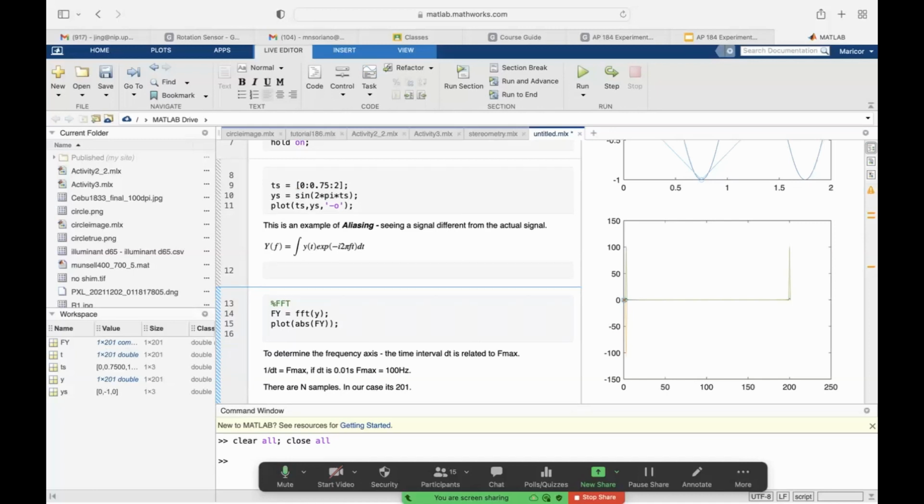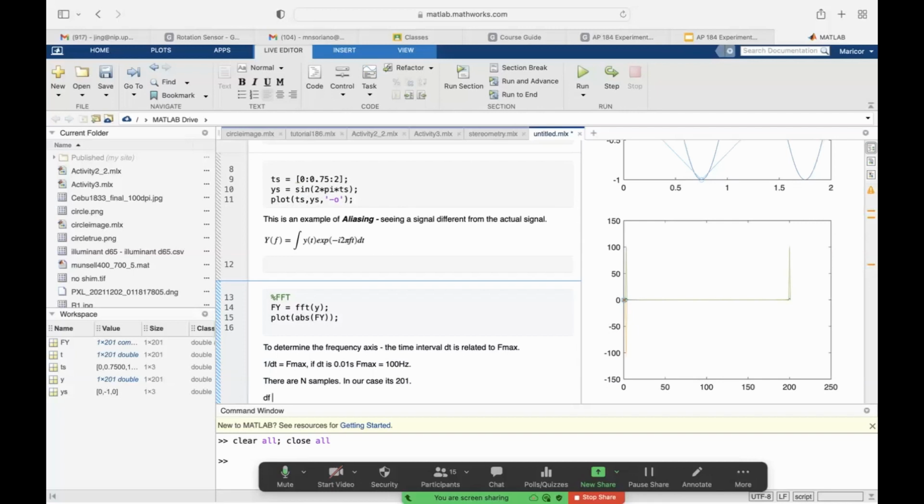And so essentially, if you already know Fmax, the next thing you need to know is DF. What is the interval DF? From here, you can find that DF is equal to Fmax divided by the number of samples, which is 100 hertz divided by 201.